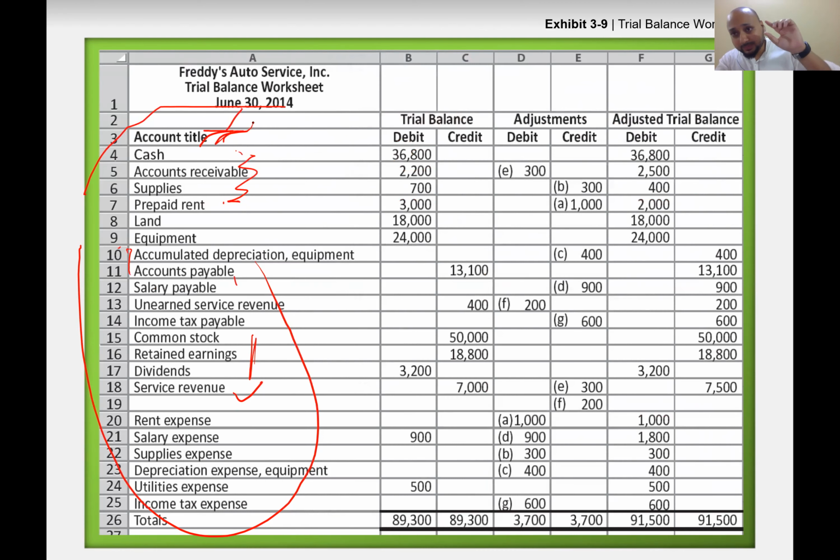Using this information, we can make the income statement, a retained earnings statement, and the balance sheet. It's up to you whether you want to write down these adjustments here or not, because ultimately we are picking those figures from our balances, from the posting of the accounts.